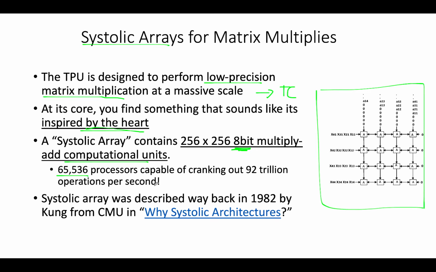That is quite mind-blowing. The idea of systolic arrays as computational units goes back to 1982, by a seminal work by Kung from Carnegie Mellon, and I strongly suggest the nice reading "Why Systolic Architectures?" that we will post on Canvas.